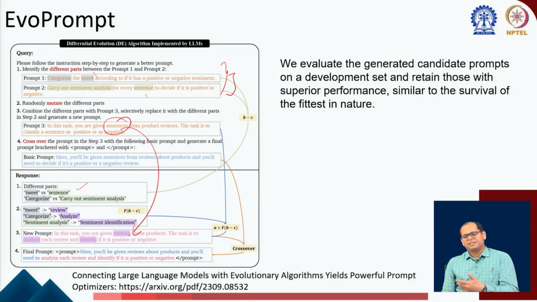So you are guiding the LM a bit more, and then finally you do a final crossover with this step 3 prompt, with another basic prompt. So you have more prompts here, but you also do a bit more guidance. So you can use evolutionary algorithms for prompt search too.